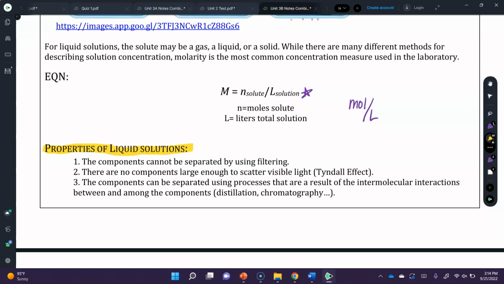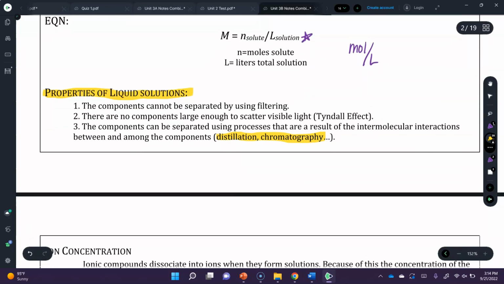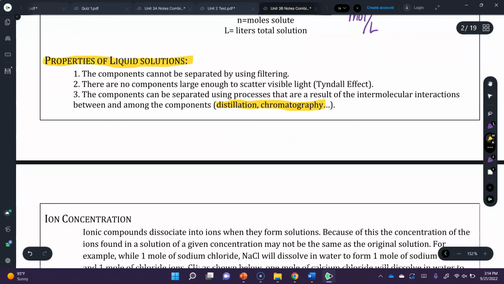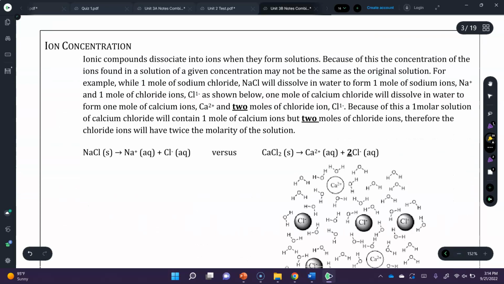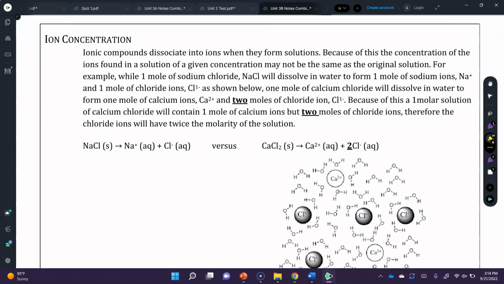And the components can be separated using processes that result from intermolecular interactions. So this includes distillation, chromatography, and others. We'll come to chromatography in a separate section. I think distillation also comes up later on as well.